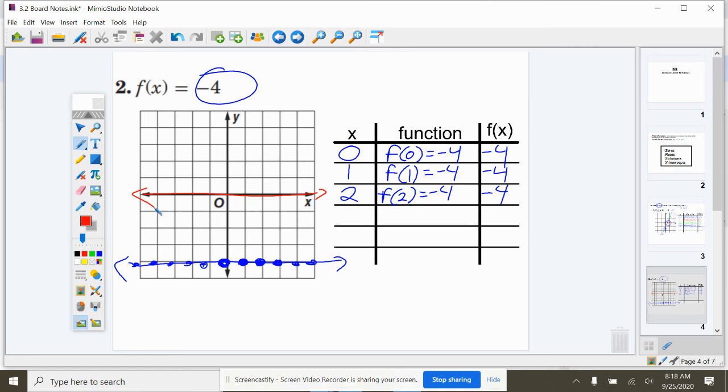This blue line will never cross the red line. And there is no solution. There's no roots, no zeros, no solutions, no x-intercepts, because it does not cross ever.